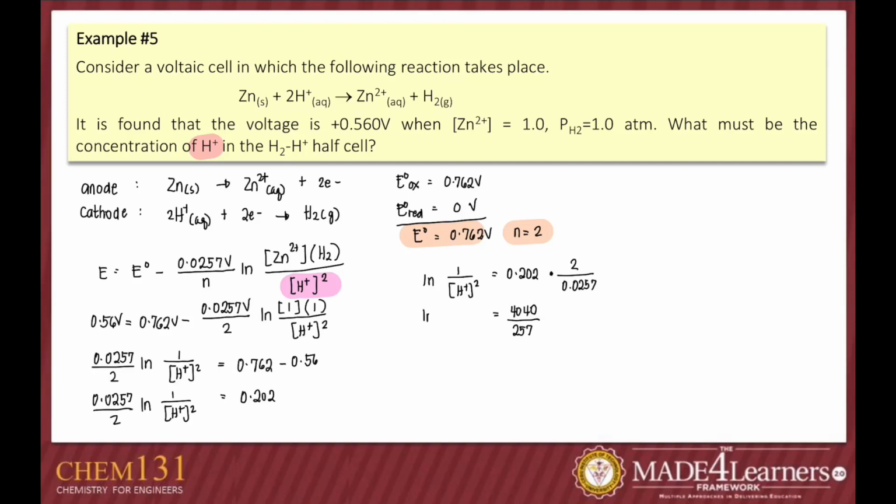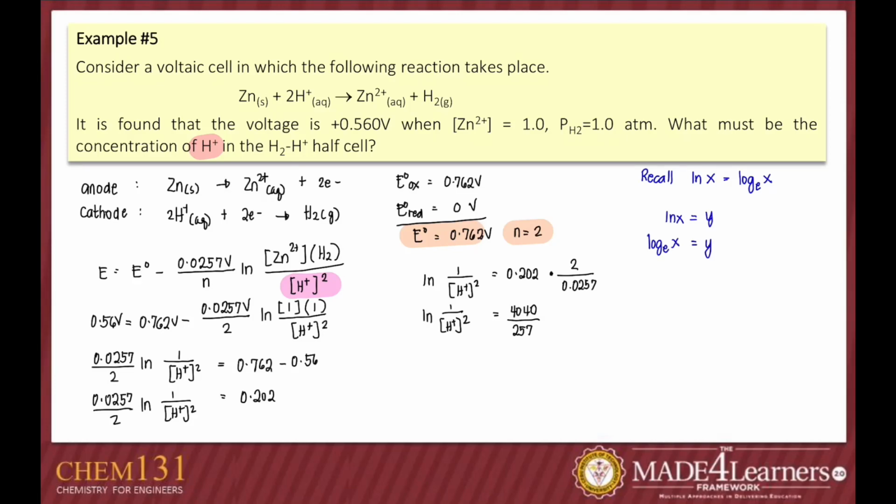So that's ln of 1 over H+ squared. And I want you to recall, that's called ln because that's the natural log. So when you say ln of x, that is log of x base e. If ln of x equals y, it's like writing log of x base e equals y.